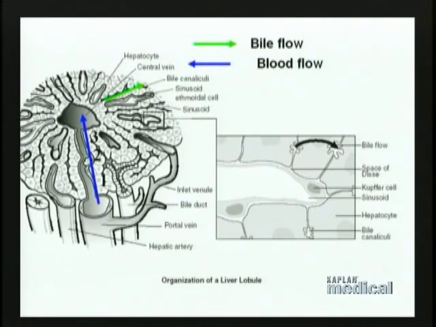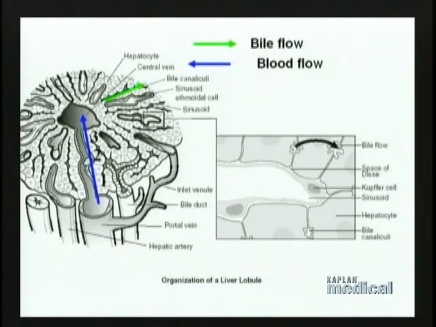artery. Note that blood is flowing from each of the perimeter points of the hexagon toward the central vein, which is basically draining the blood out of each of the liver lobules and is receiving blood, obviously, from each of the 6 points of the hexagon. So blood is flowing from the perimeter of the hexagon toward the central vein in the direction of the blue arrow.